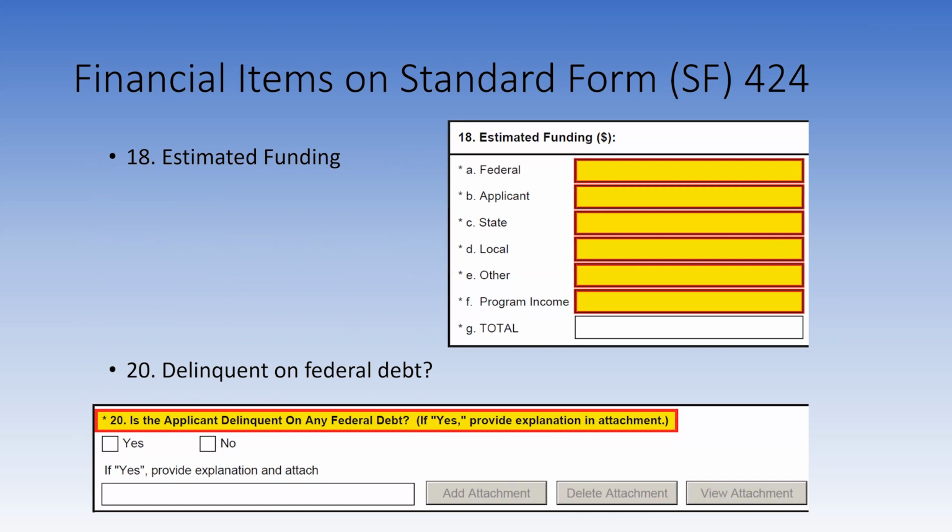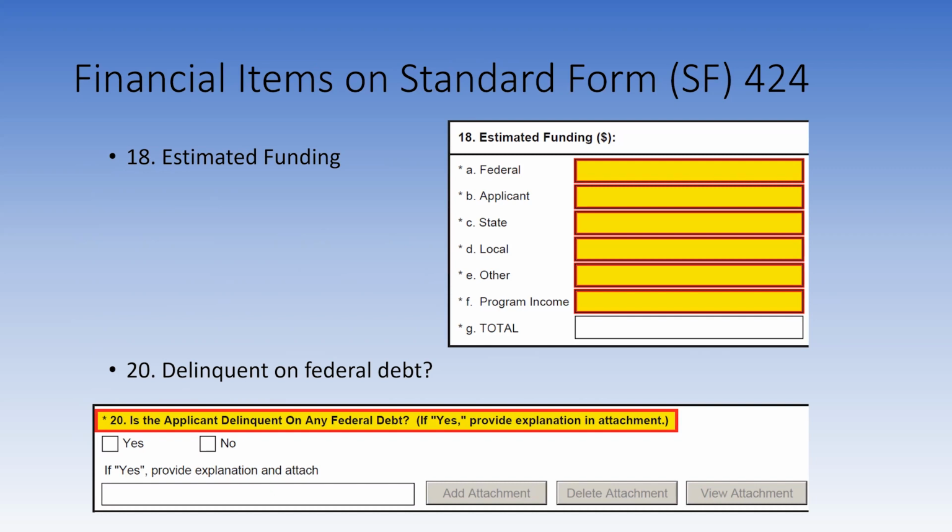Notice it's estimated, so you're making a reasonable guess about what you could expect in this project from the various sources of possible funding for a project, which might include federal funding. It might be money that's provided by the applicant to make the project work, other state monies or local monies, anything else uncategorized. That always is what the other box is. Therefore, any income produced by the program.